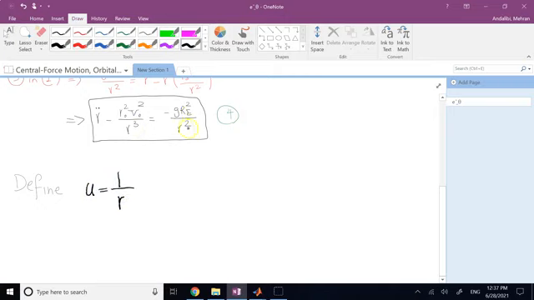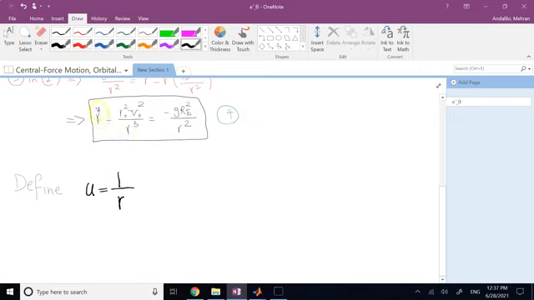Because here I have a bunch of terms of R in the denominator. So from here, clearly R is 1 over U, or for 1 over these R's, I can replace them with U squared, U cubed, and so on.